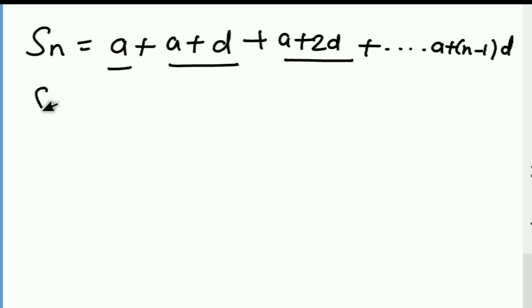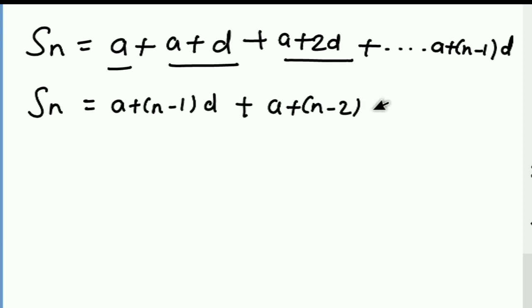We can also write Sn starting from the last term. The last term is a plus n minus 1 into d, then the next term will be a plus n minus 2 into d, and this will go till the first term, that is a. If we add these two equations, what will we get?